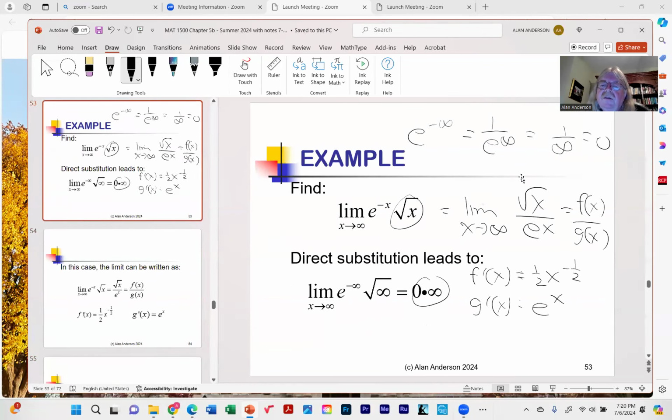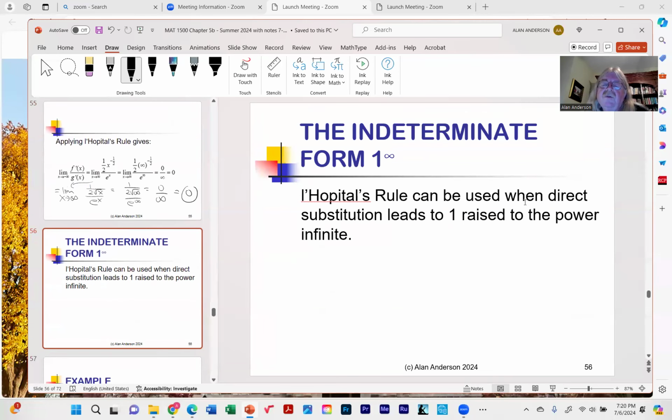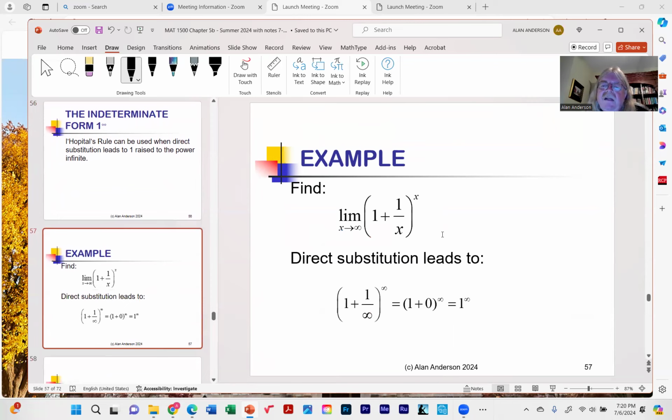Okay, what other indeterminate forms are out there that we can use? Oh, here's one. 1 raised to the infinity power. Well, that's a pretty bizarre case. What do we do now? Here it is. Now, why is this giving us 1 to the infinity power? Well, let's look.